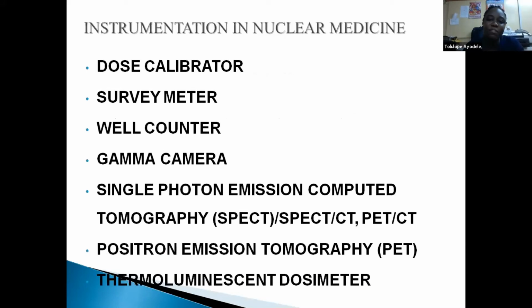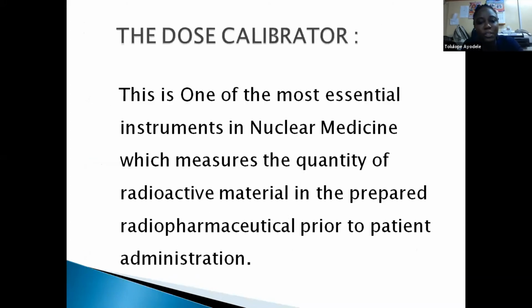Here's the list of the equipment or the detectors used in nuclear medicine. We have the dose calibrator, the survey meter, and the position. There are lots of them, so we'll be talking about some of these equipments and their functions.